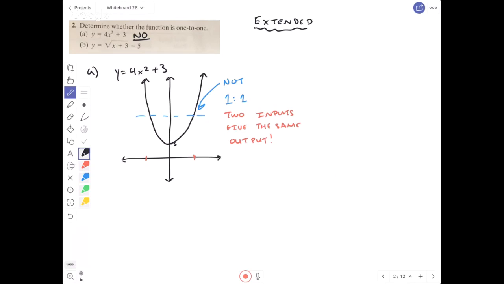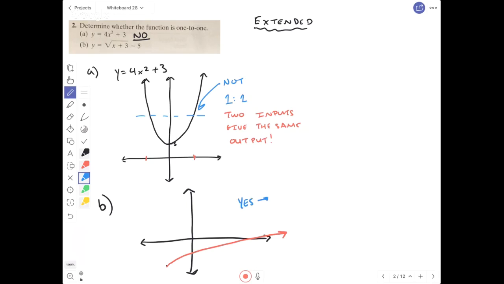B. Root x plus 3 minus 5. Well, that's another easy one to sketch a graph of. So I'm thinking about in my head, okay, that's a square root graph that's been moved left 3 and down 5. So something like this. Oh, I'll do it in a different color. And yes, that's one-to-one.